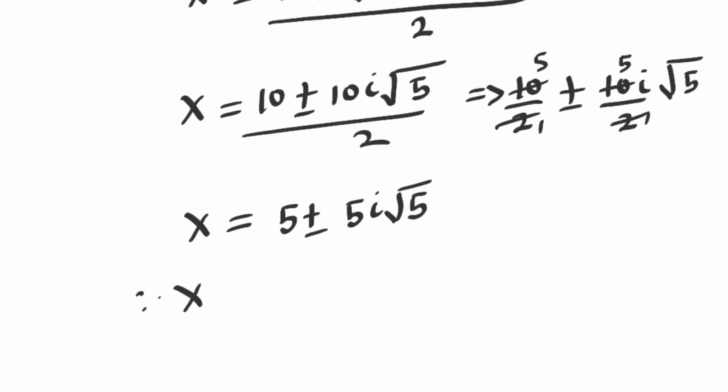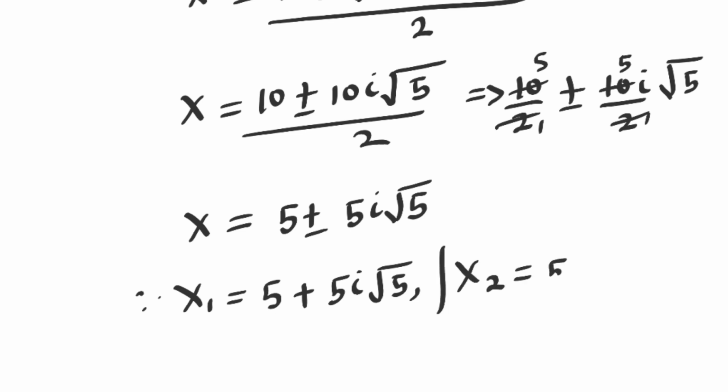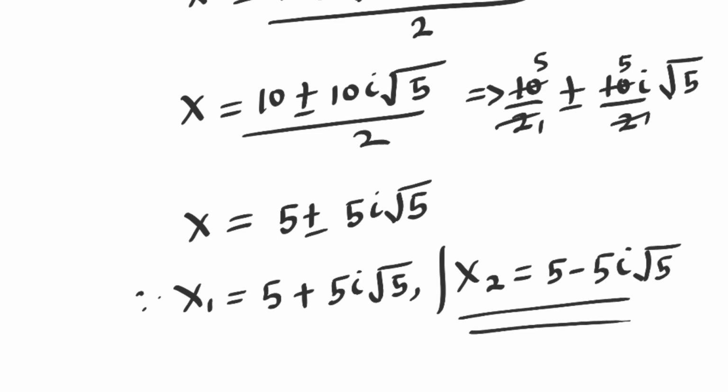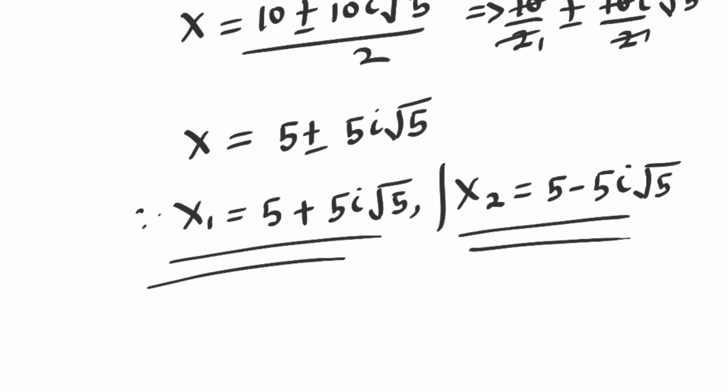Therefore, x1 is equal to 5 plus 5i root 5, and x2 is equal to 5 minus 5i root 5. These are the values of x.